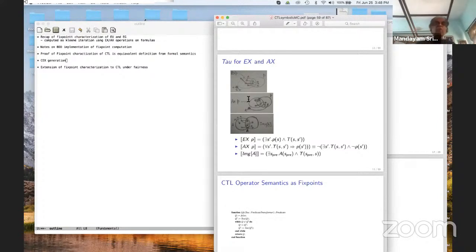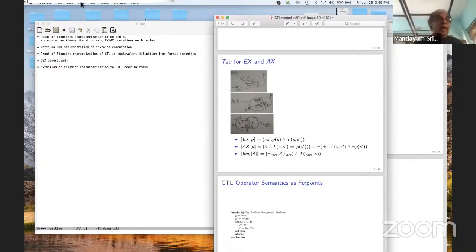The predicate transformers were expressed in terms of the EX and AX operators, the one-step operators. The predicate transformers corresponding to the CTL operators were defined in terms of EX and AX. And Kleene iteration was involved in computing the fixed points by iterating using EX and AX.